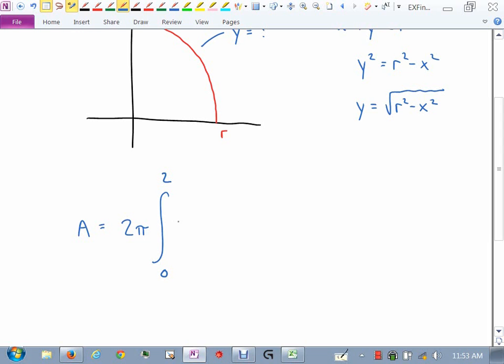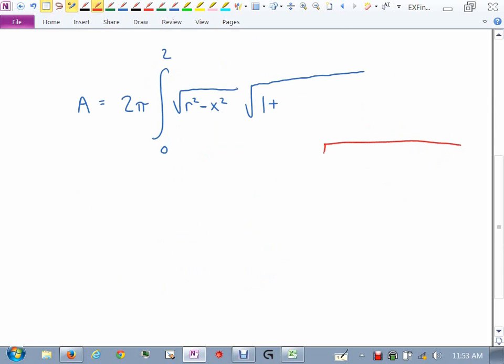All right, and then we're going to have f of x, which is this, times the square root of 1 plus, right? Now I need to take the derivative of this and square it. So I'm going to do that on the side.